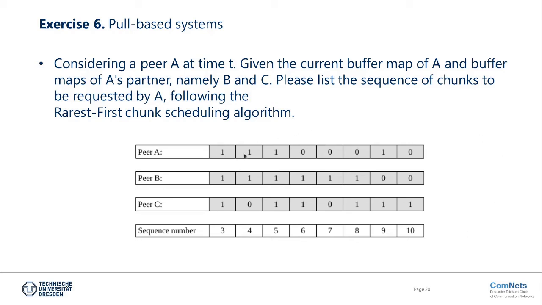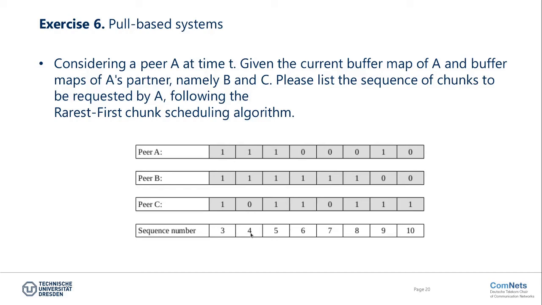The number 1 indicates that the video packet is available at peer A or at any particular peer. Here we have video packet number 3. It is available at peer A, B, C. So all of them have packet number 3.